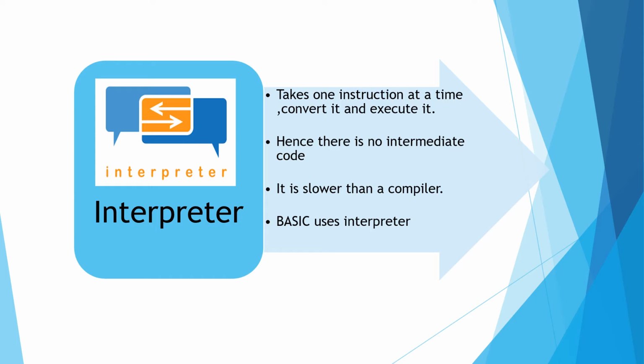Because of that, it is slower than the compiler. The memory requirement is less for the interpreter as compared to the compiler. The errors are displayed for every instruction which is interpreted, therefore debugging becomes easier. BASIC is a language which uses an interpreter.